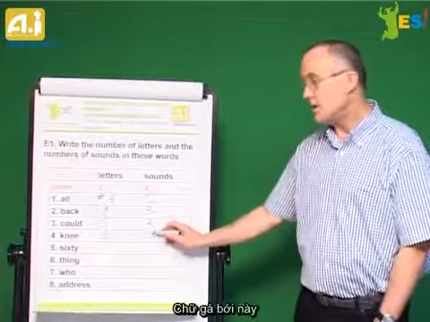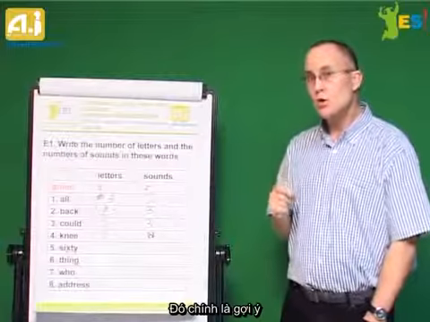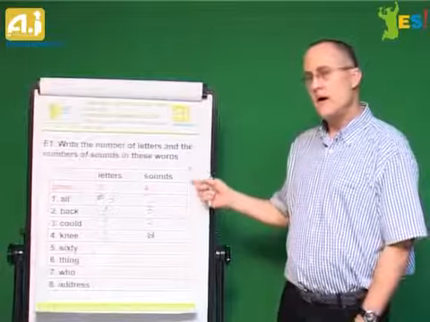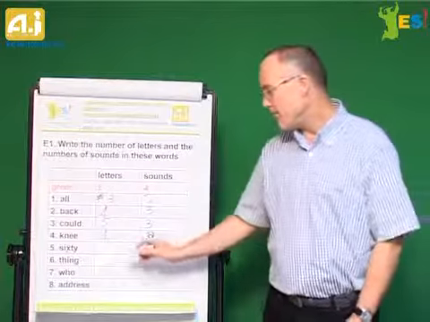Six. Now remember, this has the X. Remember, the X has 2 sounds. That's a good clue, right? For you to think about the number of sounds in that word.